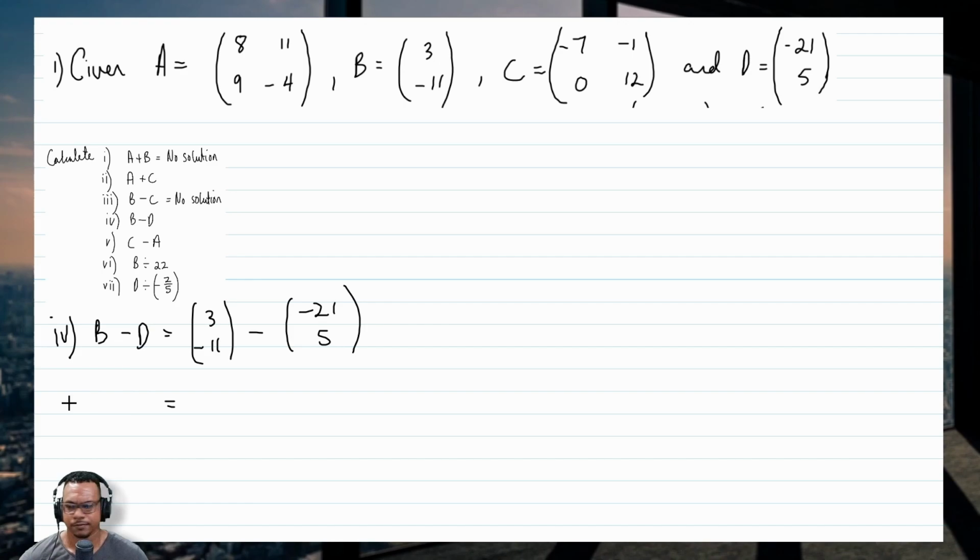So we're going to get 3 take away -21. I'll write that out so I don't make mistakes. Take away -21. And then we have -11 take away 5.